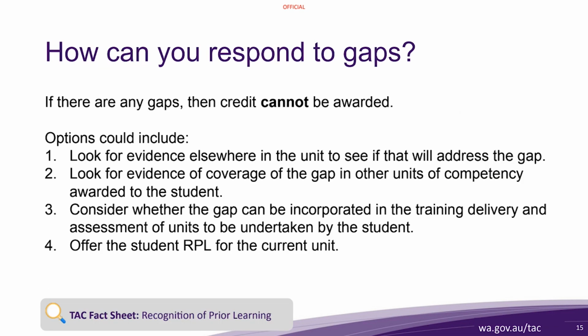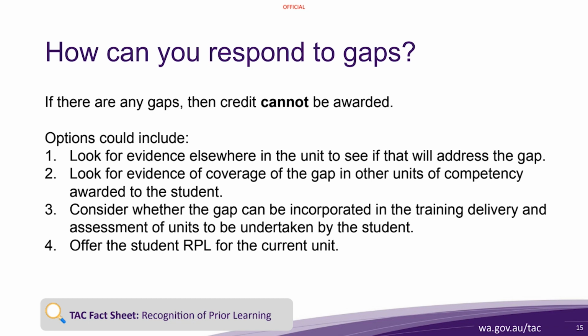So when we start looking at this, we start asking the question, well, what can you do if there are gaps? So for a start, if there are gaps, then you cannot award credit. So you have to basically say, well, is there any way in which these gaps might actually be filled? Could it be that, and you'll find from time to time that units of competency have been merged or split in order to reflect current industry practices, which may mean that you could look for evidence that the person had achieved the requirements somewhere else in the unit of competency.